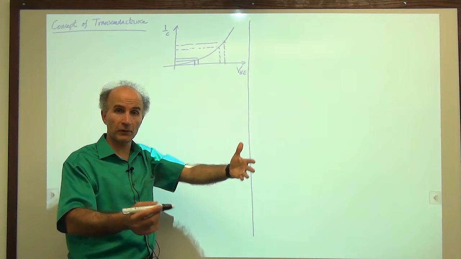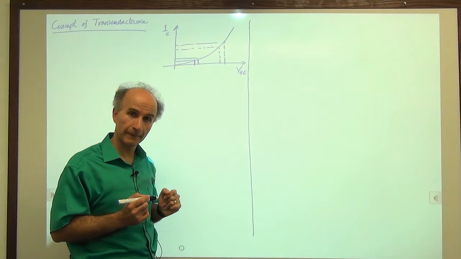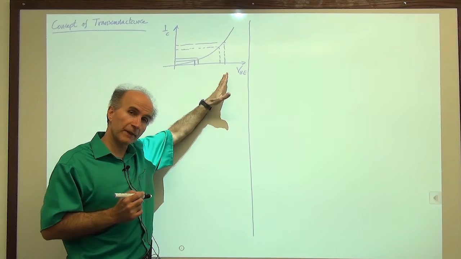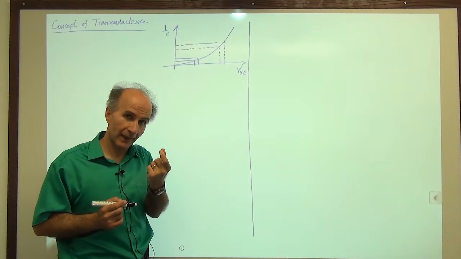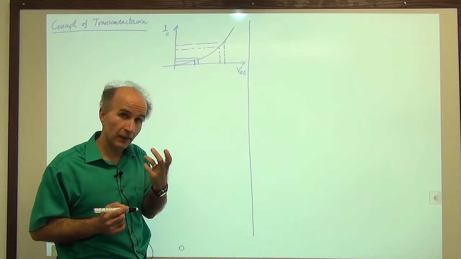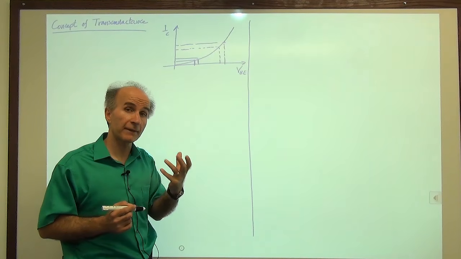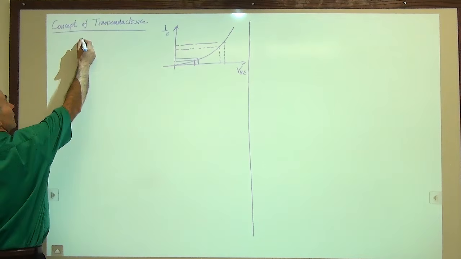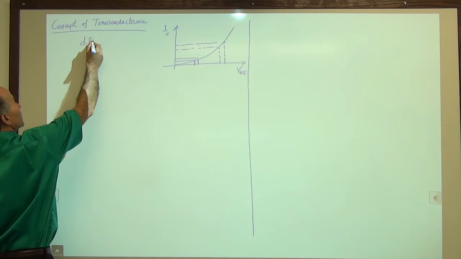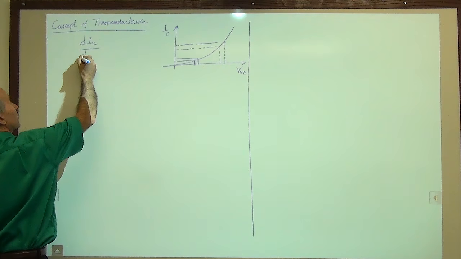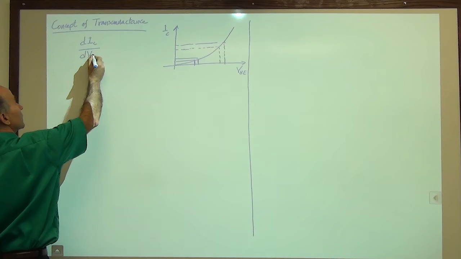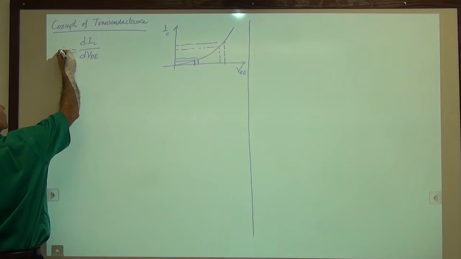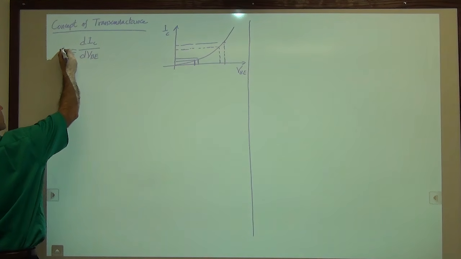And of course, that's a property of exponentials, nothing surprising. So why don't we define the slope of this characteristic as a metric that tells us how sensitive or how strong or how responsive the transistor is. So we write the derivative of the current with respect to the base emitter voltage. This is called transconductance, and it's denoted by G sub M.